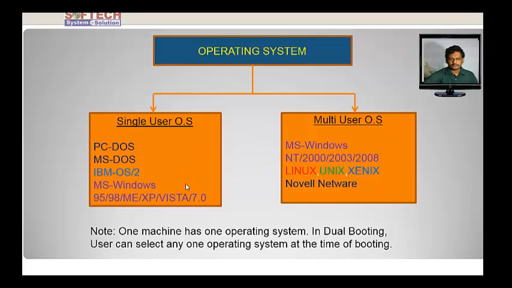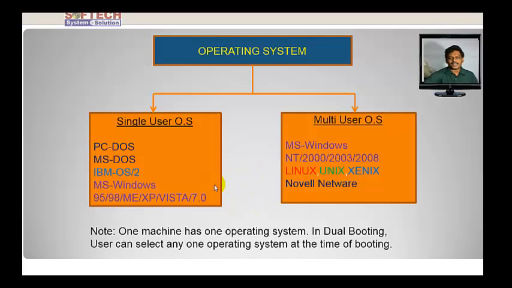Windows 95 for Pentium 1, Windows 98 for Pentium 2, Windows Me for Pentium 3, Windows XP for Pentium 4, then dual core Vista, then Core 2 Duo, i3, i5, i7.